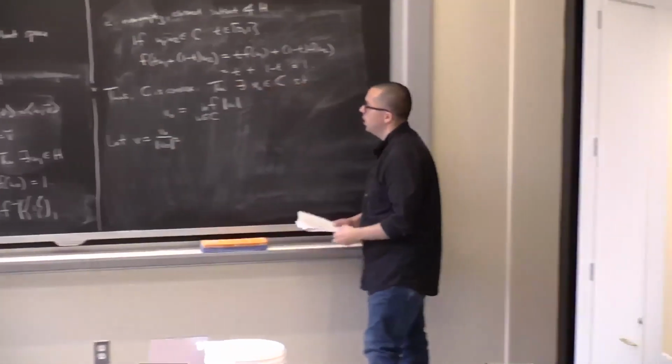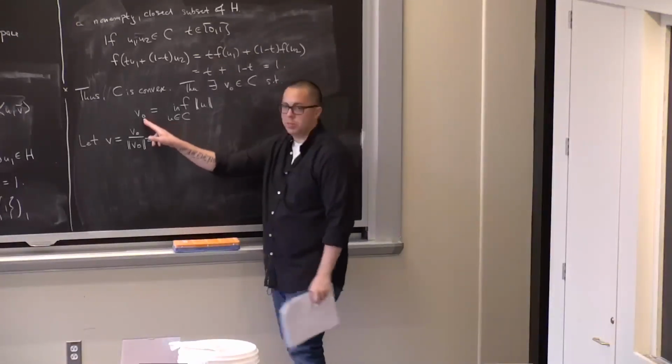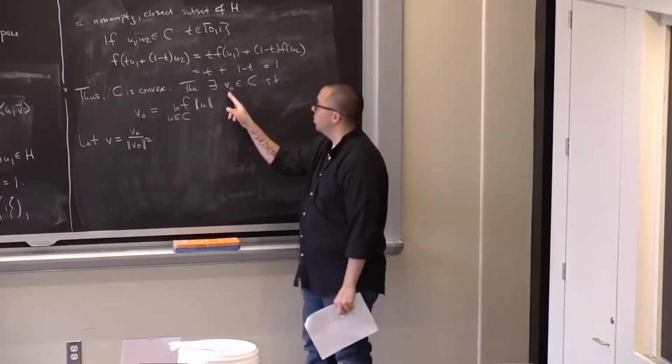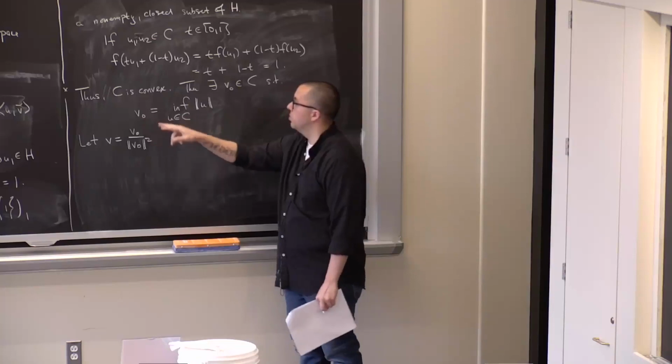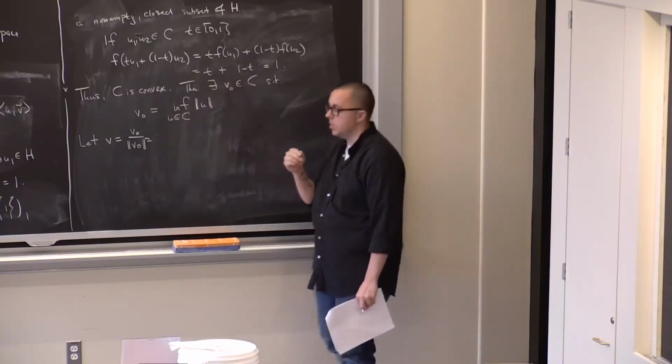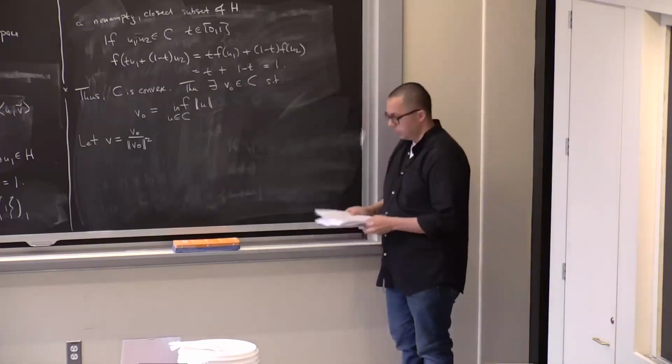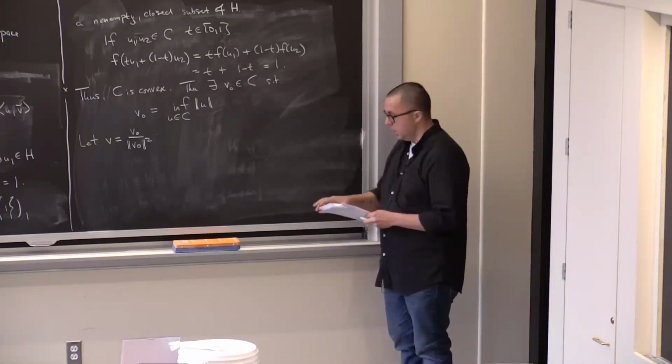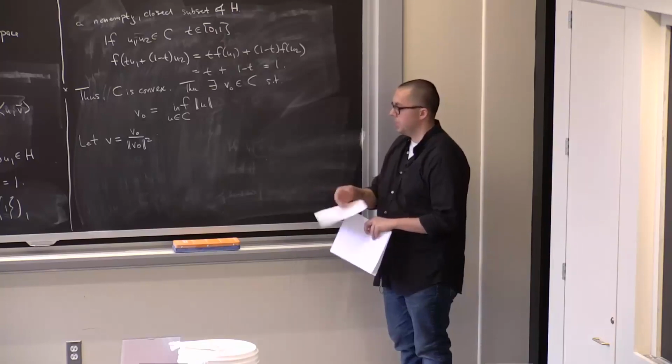So first off, note that v naught cannot be 0, right? If v naught is 0, then f of v naught is equal to 0. But v naught is in C, so f of v naught has to be 1. Okay, so v naught is non-zero. And I claim this v does the job.